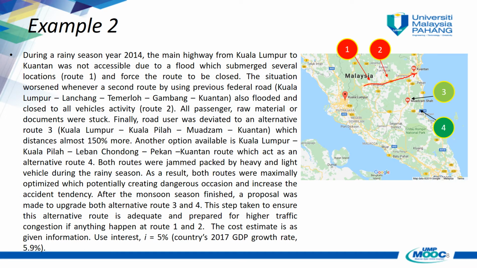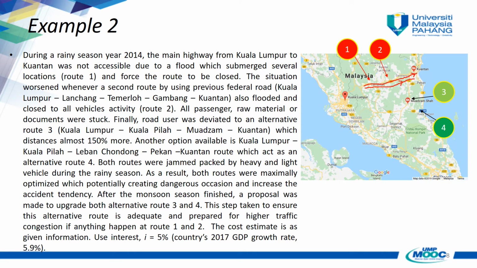The situation was, the second route using the previous federal road from Kuala Lumpur, Lanchang, Temerloh, Gambang, and Kuantan also got flooded. All passengers, raw material, or documents were stuck.